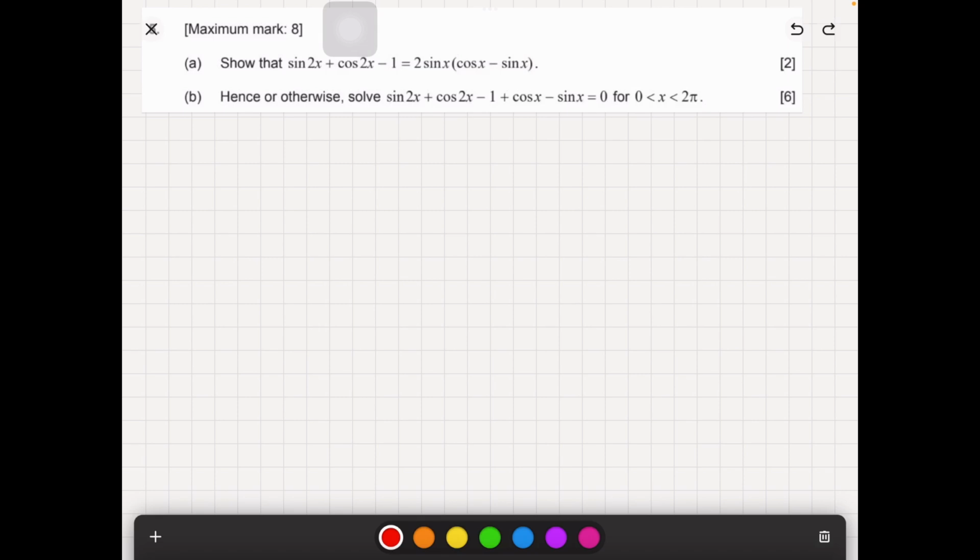And I'll go more into depth about that later on in the video. But first of all, let's start with question 5a. And it's a show that question. And usually when there's a show that, I like to think left side, right side if there's an equation. So we will go for that.